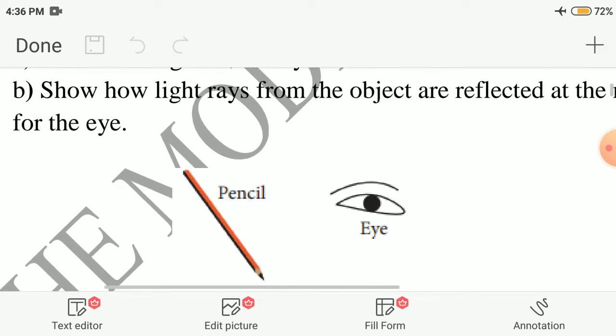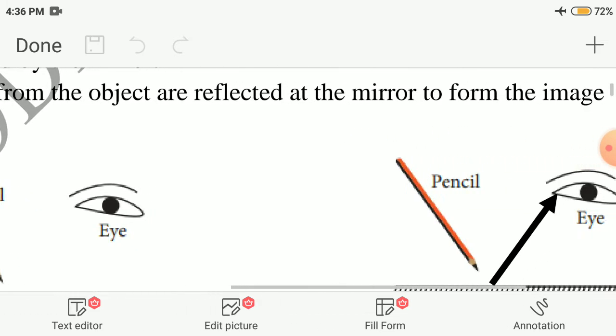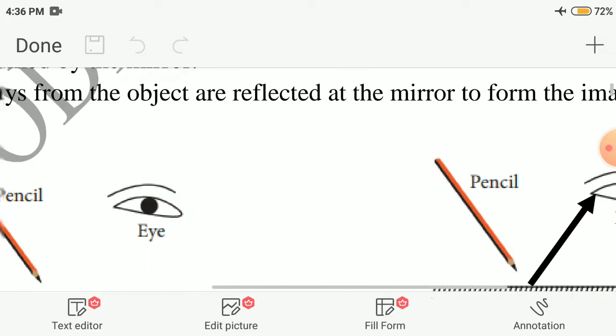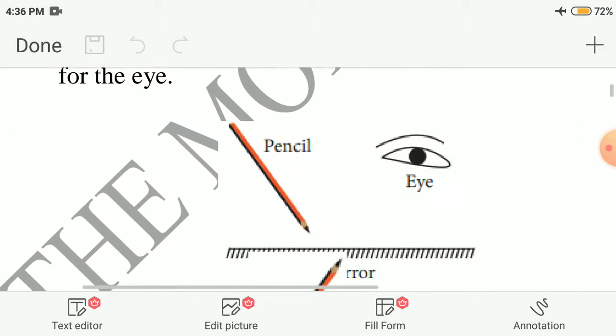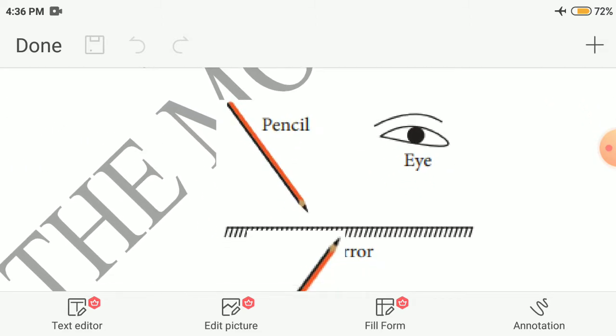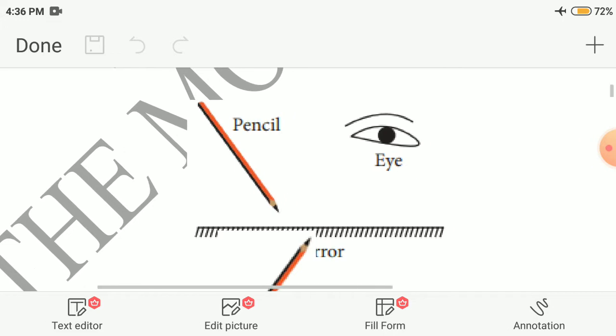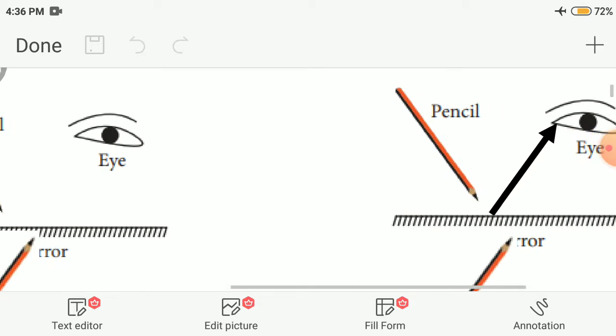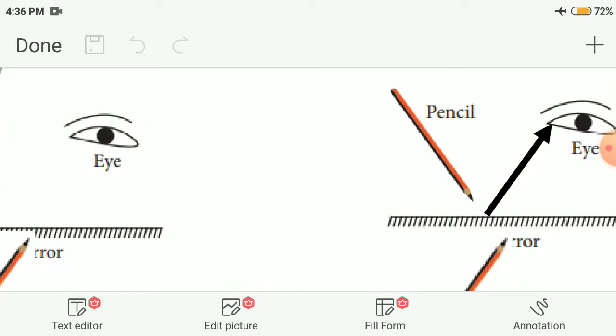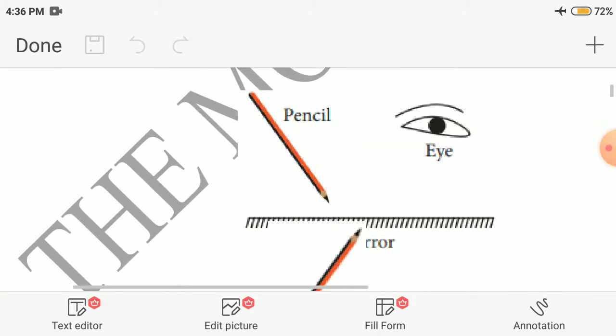Show how light rays from the object are reflected at the mirror to form the image for the eye. Through the eye we see the pencil. Where is it present? Above the mirror only the pencil is present.